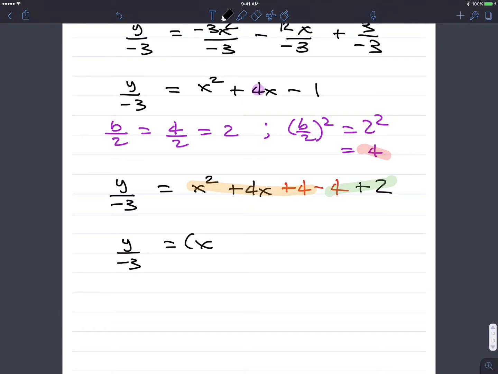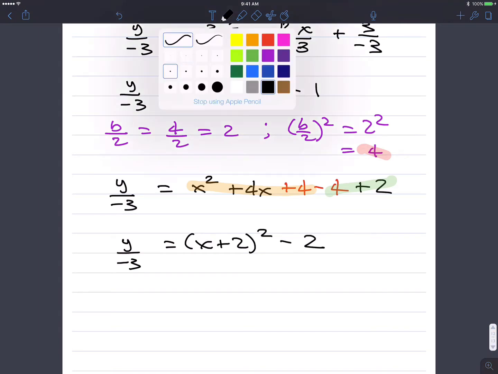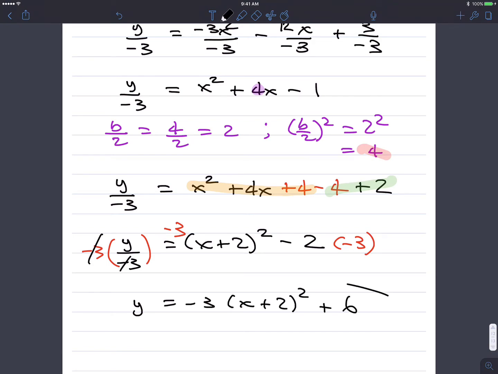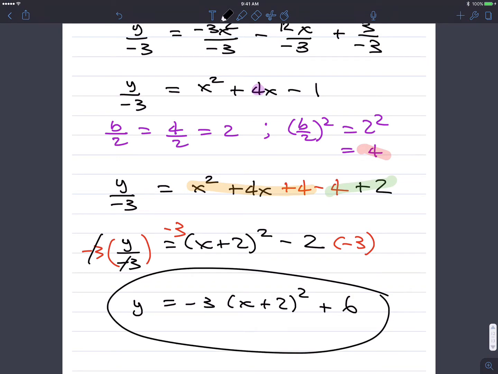So we get x plus 2 squared minus 2. Now solve for y. Multiply both sides by negative 3. Get cancellation, and you get y equal to negative 3 times x plus 2 squared plus 6. And you're done.